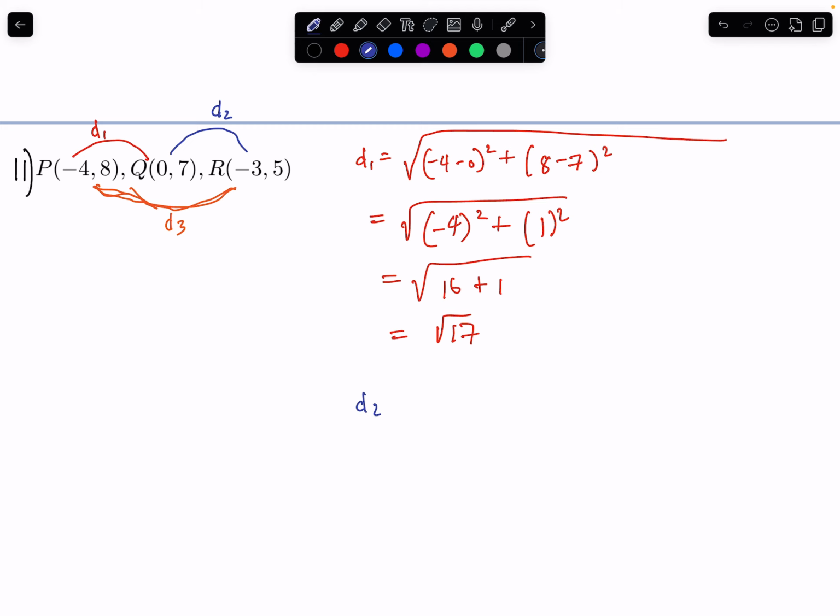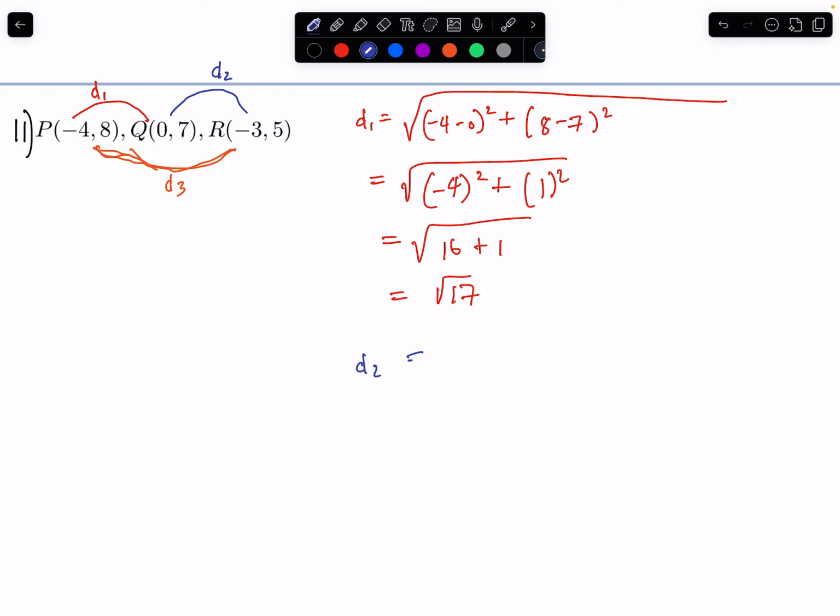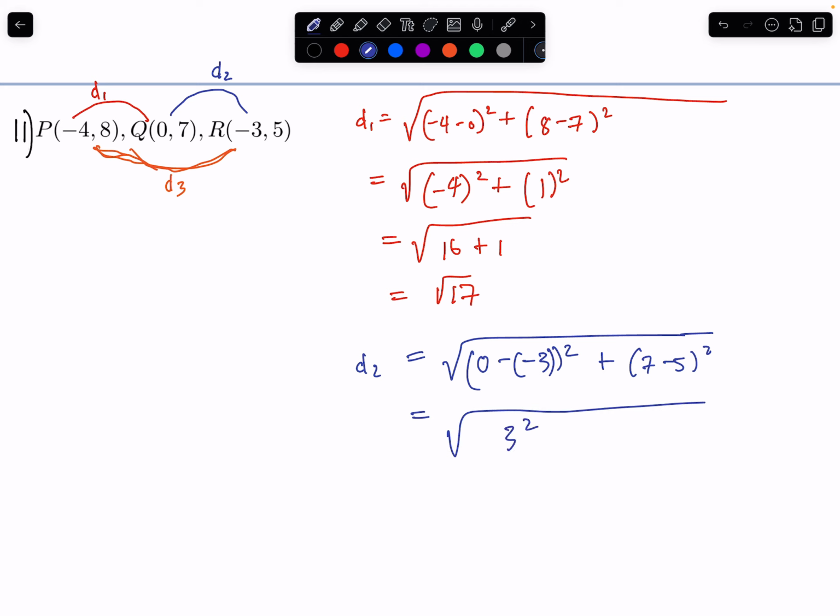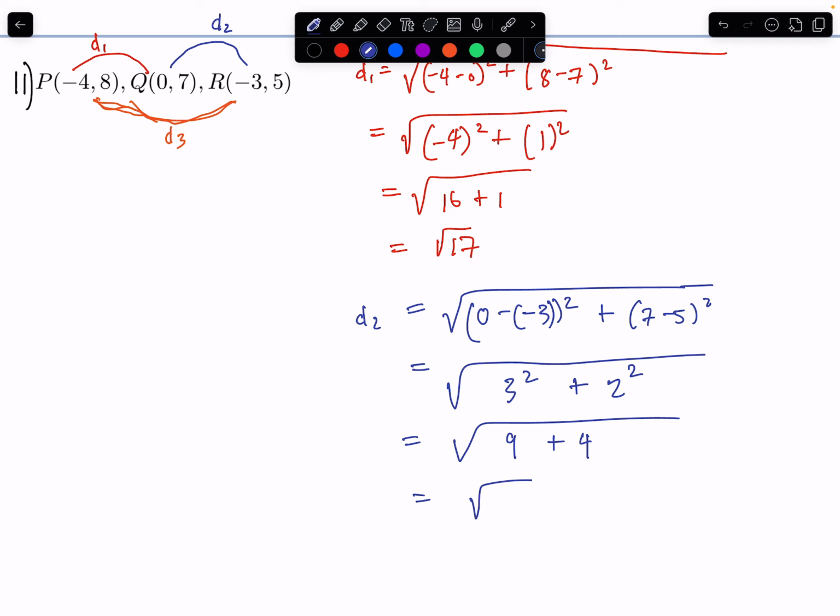Let's do them all in a row. Equals 0 minus -3 squared plus 7 minus 5 quantity squared, which is going to be square root of 3 squared plus 2 squared, which is the square root of 9 plus 4, or the square root of 13.